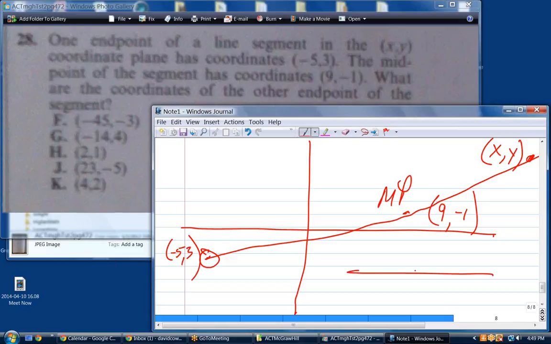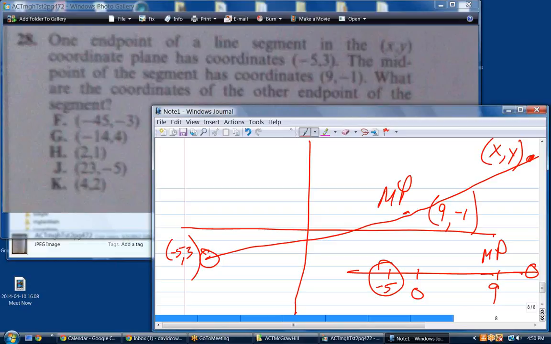Well, let's put it on a number line. There's minus 5. There's 9. If that's the midpoint between minus 5 and some point that's to the right of 9, what is that point? How far is it from minus 5 to 9? 4.